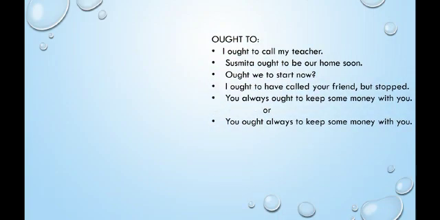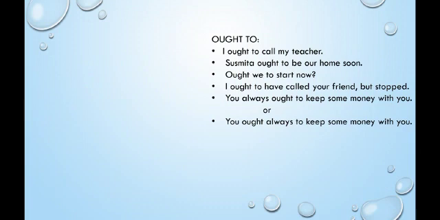Ought to, basically it is used like should, means if you think that you have some important work to do, means you think that the work is very important, then you can use ought to.